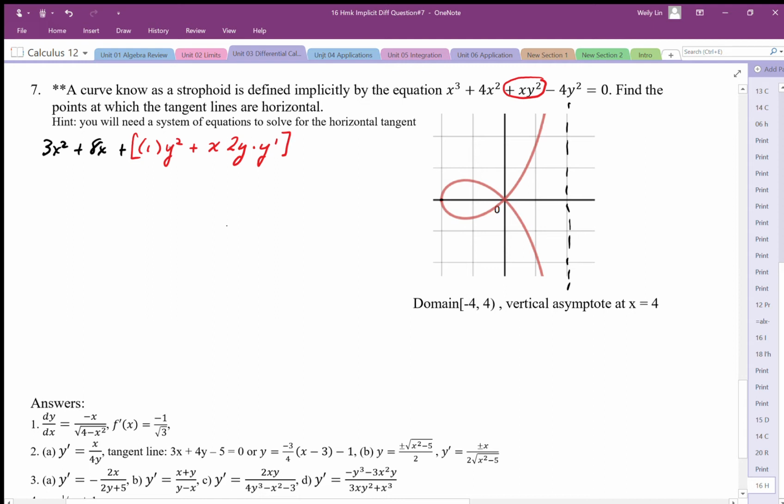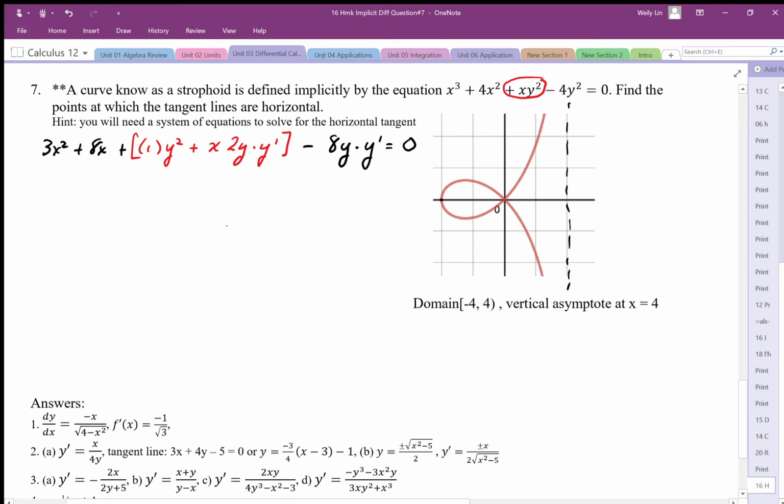Here we did not use the y prime because we did not differentiate the y in this case. The next part, we're going to differentiate 4y squared, so we differentiate the squared first, and again, now that we differentiated y, we have to apply the chain rule.